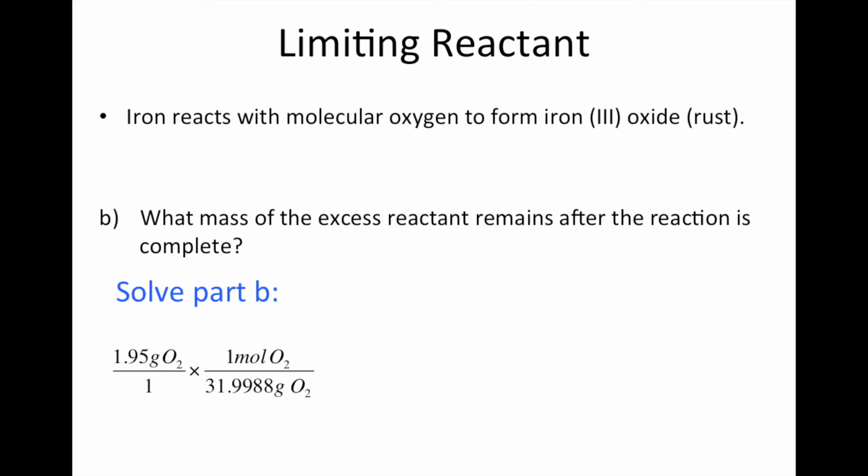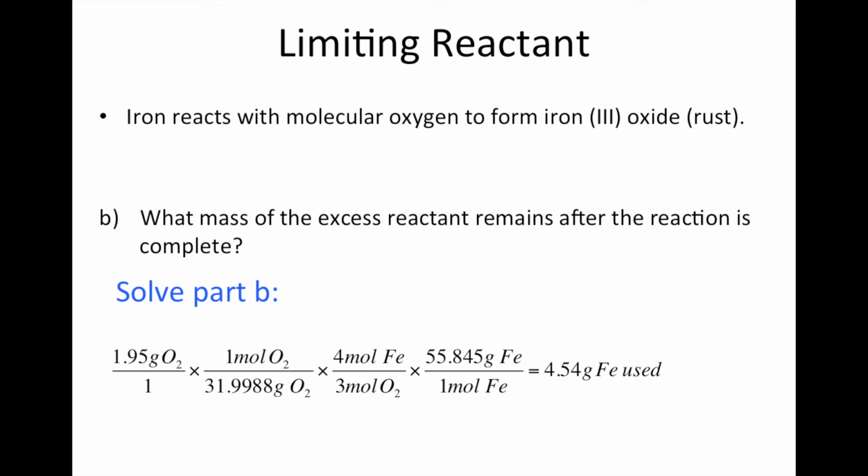So I'm going to take the mass of oxygen that I'm given, convert it to moles, use the balanced chemical equation. 3 moles of oxygen will react with 4 moles of iron, and then convert moles of iron to grams using the molar mass. So this tells me that 1.95 grams of oxygen will completely react or use up only 4.54 grams of iron.